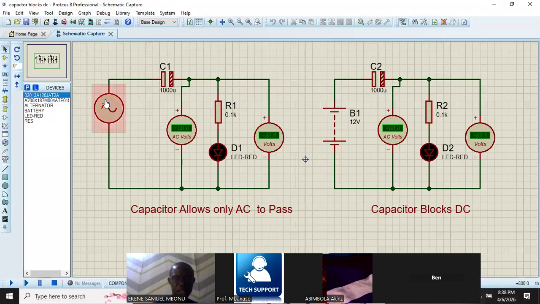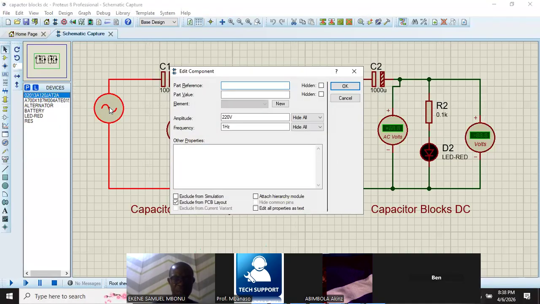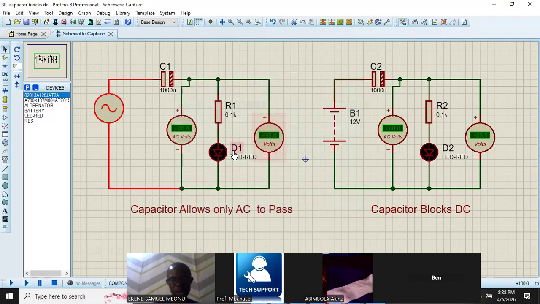So this circuit now, this is 220. I left it at 1 Hz so that we can see what is going on. The normal frequency of AC here is 50. This is a capacitor, electrolytic capacitor, 1000 microfarad. And then this is a resistor connected in series with an LED.